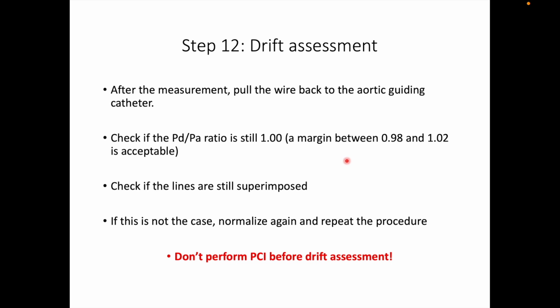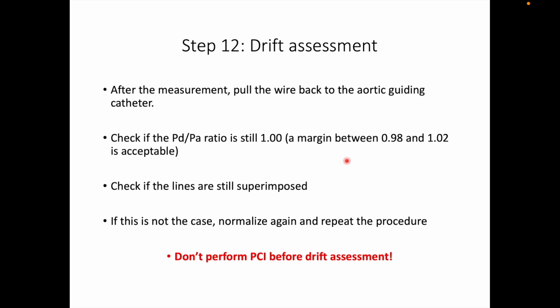And then the other thing you have to do is now pull your wire back after recording FFR and take the wire sensor right at the point just outside the guide catheter tip where you did the normalization, and now see your PDPA. Your PDPA should now be 1. If it is 1, that means you did not lose your normalization and your FFR number is correct.